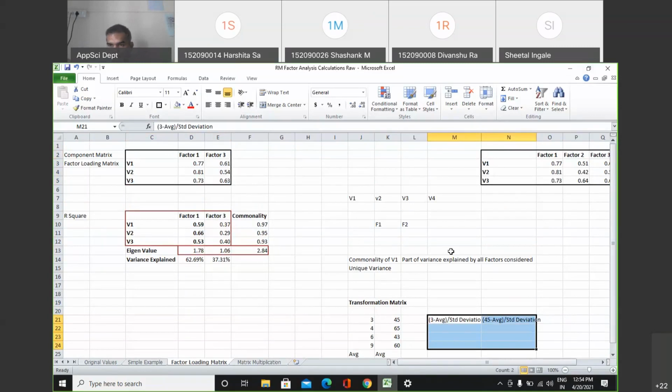So communality is covered, eigenvalue, percentage variation explained, how to choose the number of factors. Now the underlying process is clear.